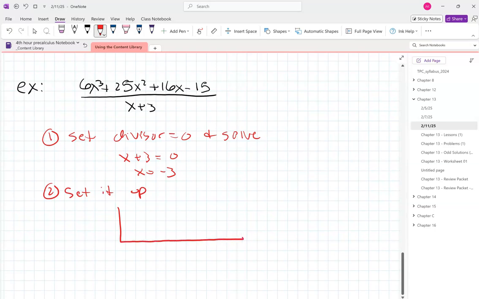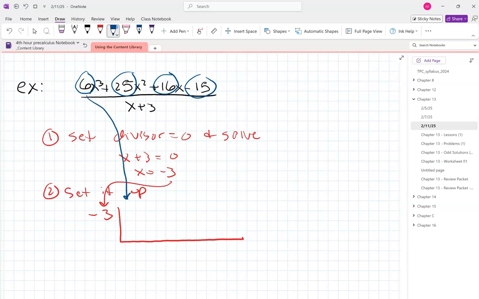So my setup looks like this. I draw a little division bar. The solution to the divisor set equal to 0 goes there. And then the coefficients for my dividend are going to go here.